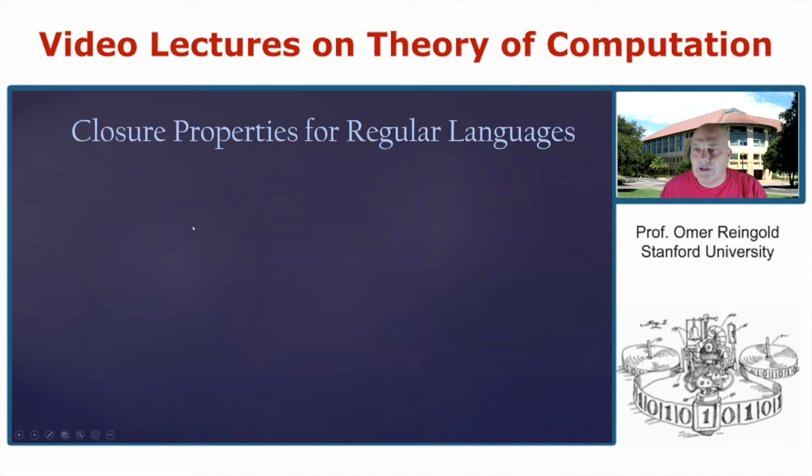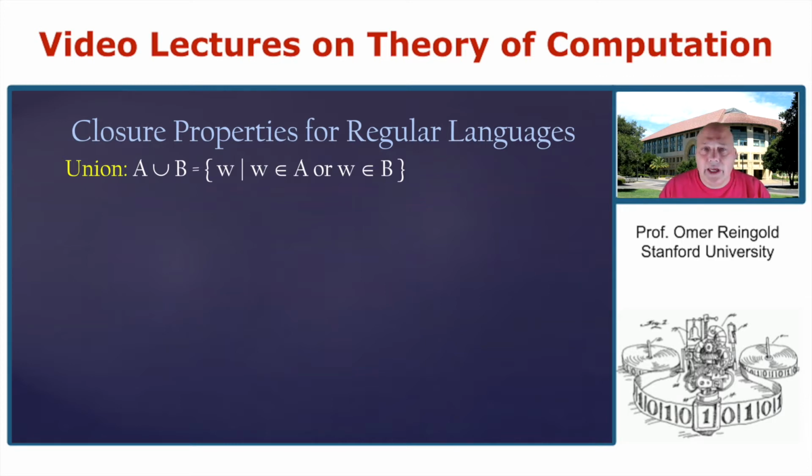So here are the properties we are going to discuss. Assume that you have two languages, A and B. We can define the union of these languages, or strings that are either in A or in B. So just the union of A and B as subsets, right?